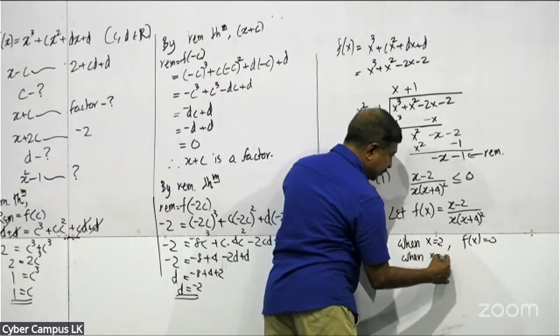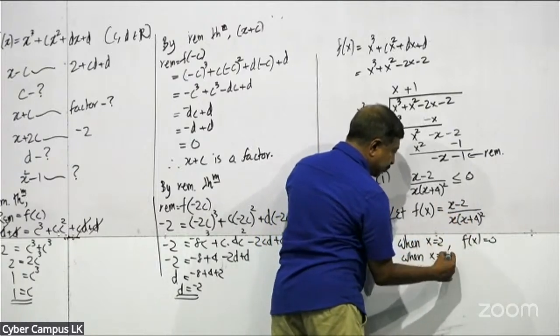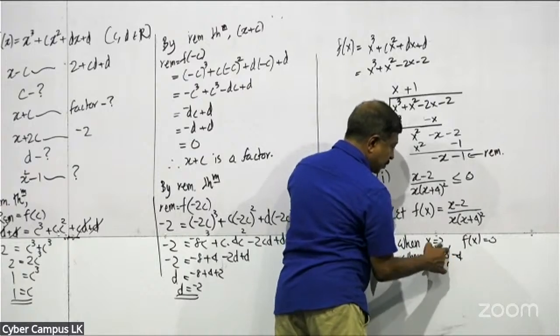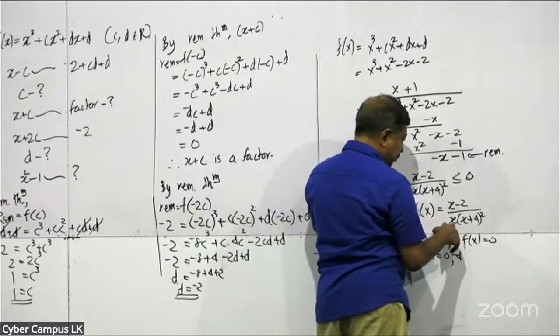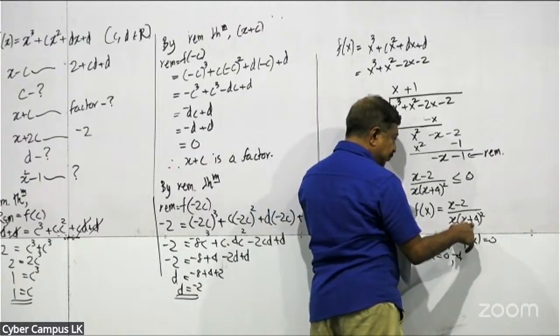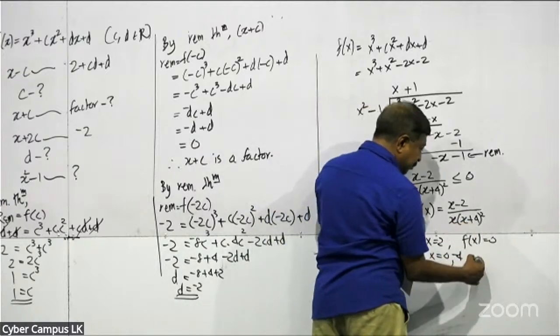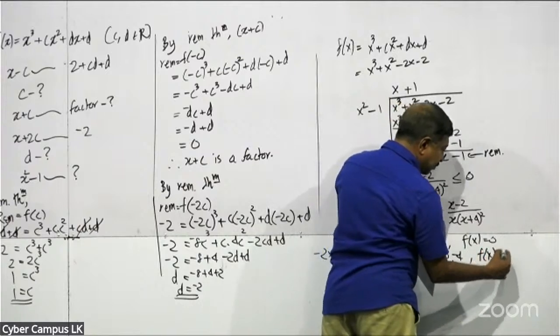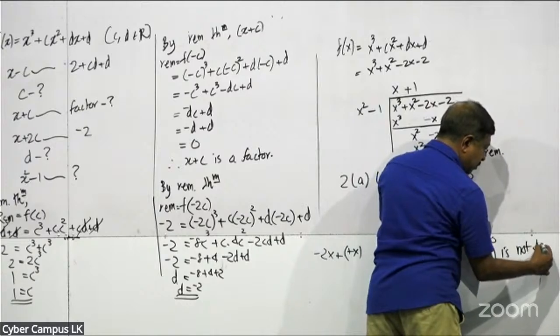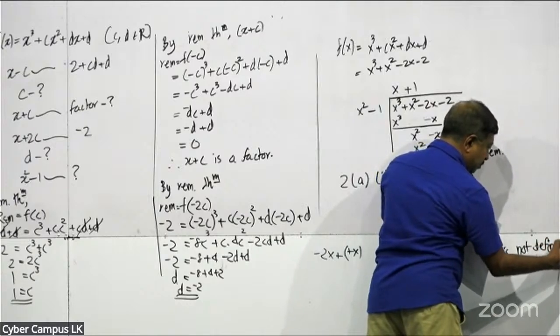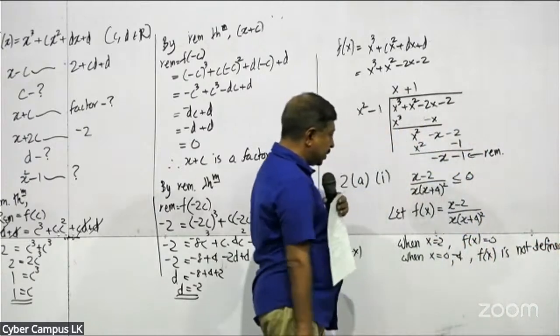When x is equal to 0 or minus 4, 0 makes this factor 0, minus 4 makes the other factor 0. f of x is not defined. Now, there are three critical values.